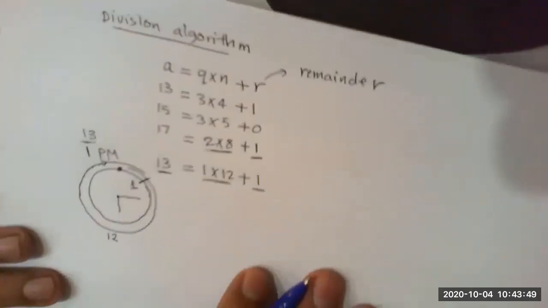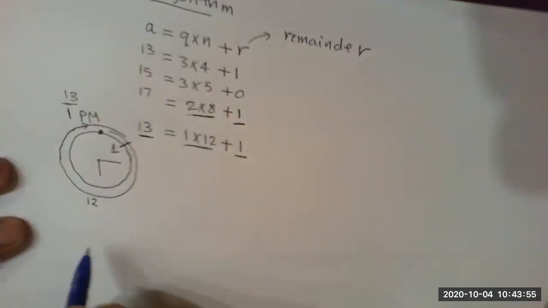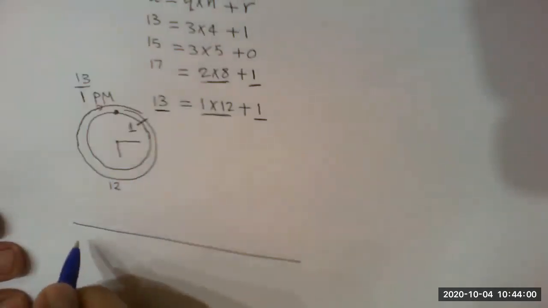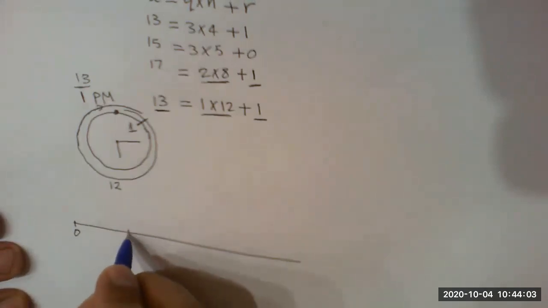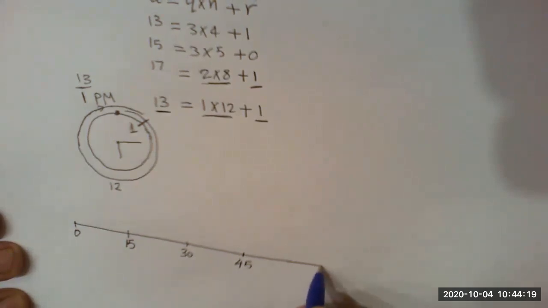I can also make it on the number line. For example, this number line, 0, I can take the 12 or 15. Okay, if I take 15, this is going to have 30, and this is going to have 45, and this is going to be 60, and this is going to be 75.